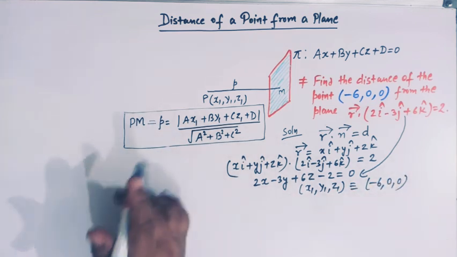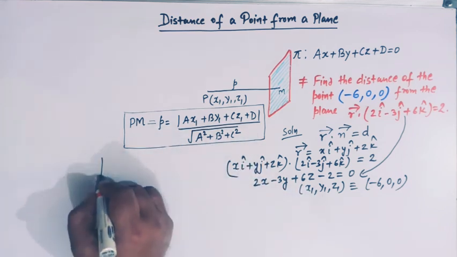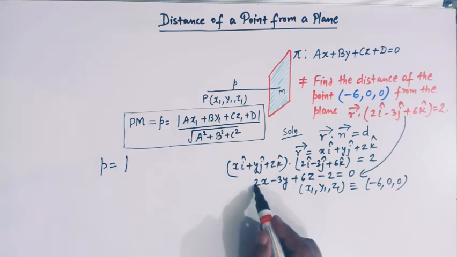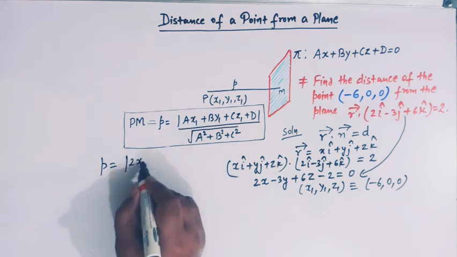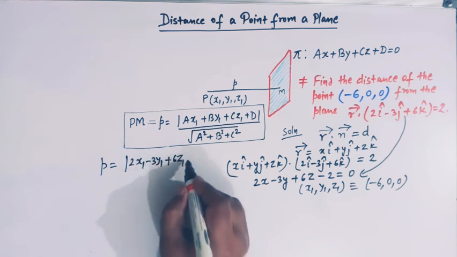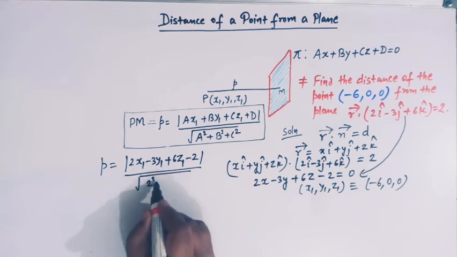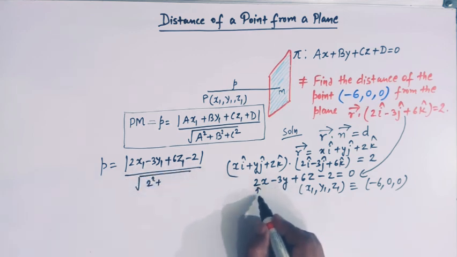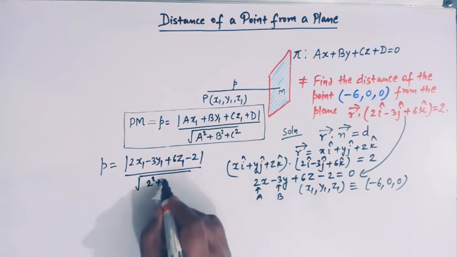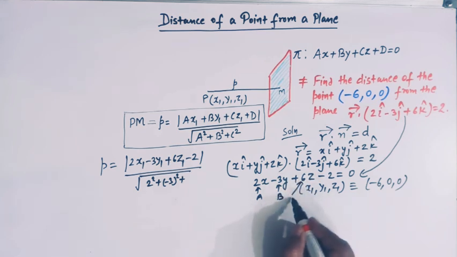Now we can apply this formula. So the required distance is P is equal to mod of ax1. So here we have 2x1 minus 3y1 plus 6z1 minus 2 divided by square root of 2 square. This is A, then we have this is B, so we have minus 3 square plus, and this is C, right?